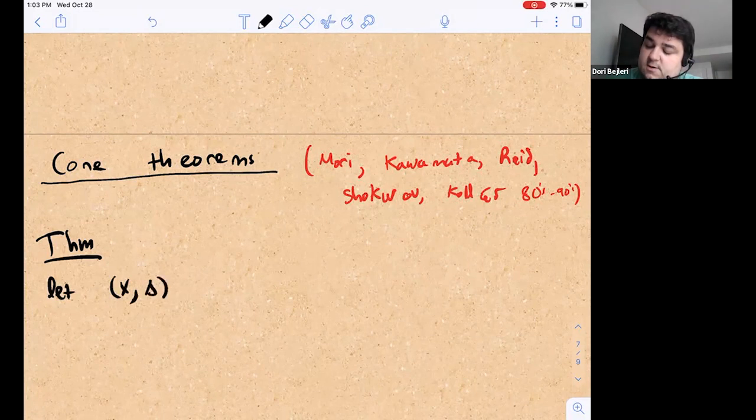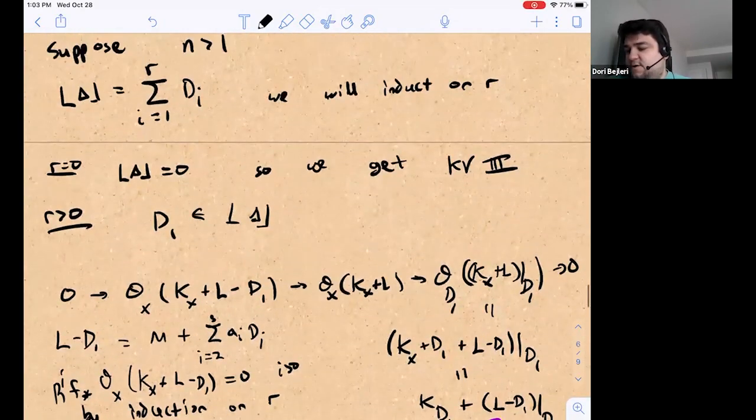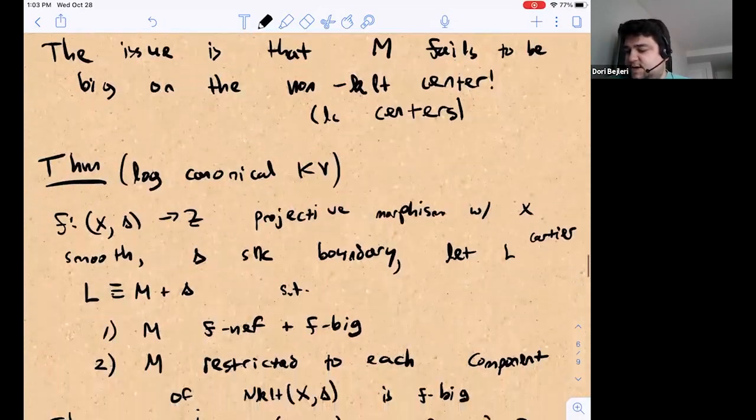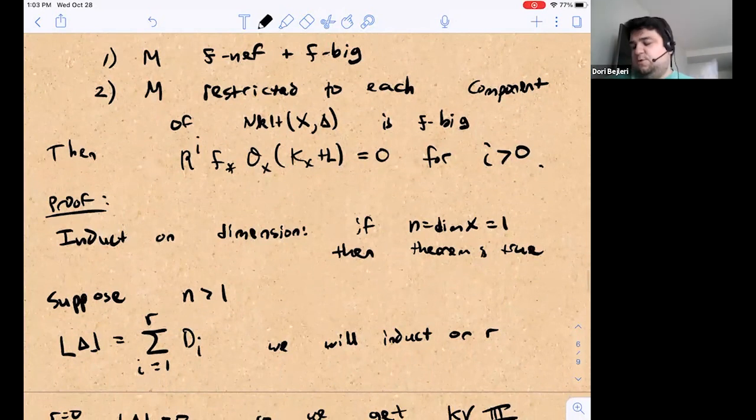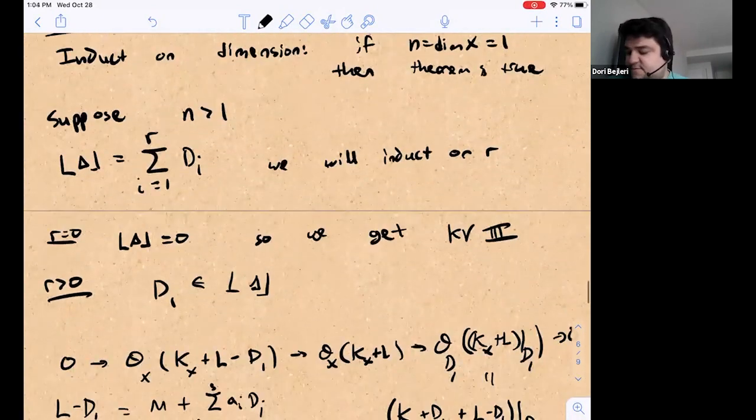Let X, Delta. And I should make one more comment. I'm going to state all these theorems in the projective case. Some of them have weakenings to the proper case. Basically, whenever the theorem only requires this kind of relative vanishing, these types of statements do hold more generally with some work and understanding birational maps and taking projective compactifications of things.